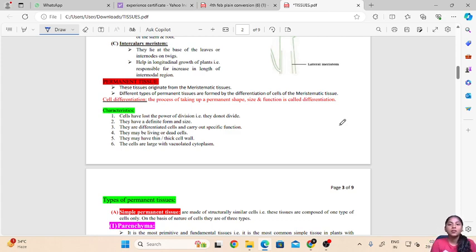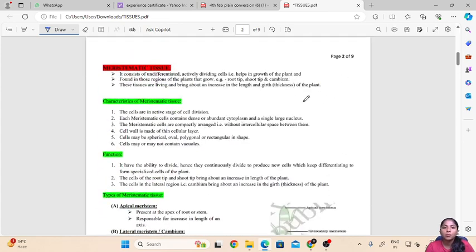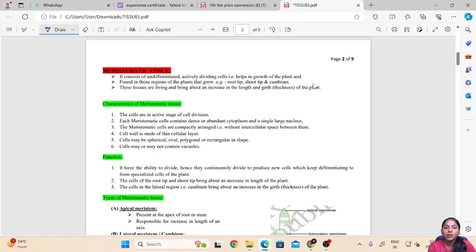Now let us see the characteristics of permanent tissue. The cells have lost the power of division, that is, they cannot divide. So permanent tissue cells do not divide, whereas the meristematic cells can divide.